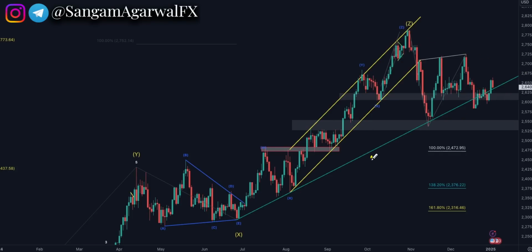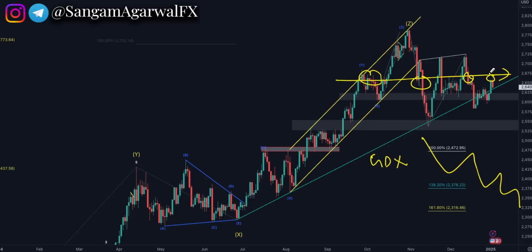But GDX, we all know very well, is making a clear technical downtrend, lower low with lower high. So the gold chart may be saying a different story, but GDX, which is highly oversold, is making a clear downtrend. And the same story with Newmont stock.